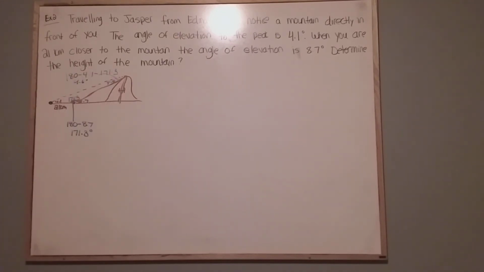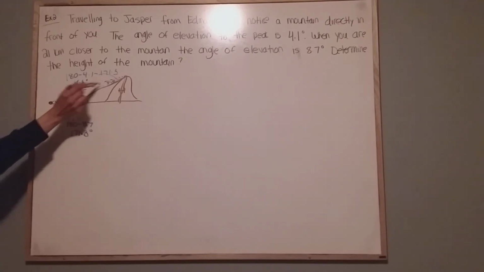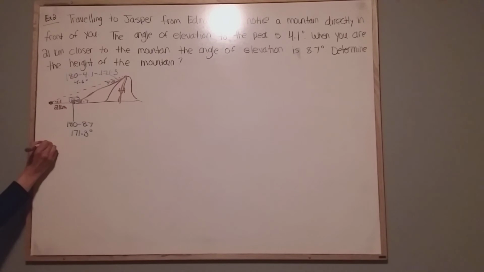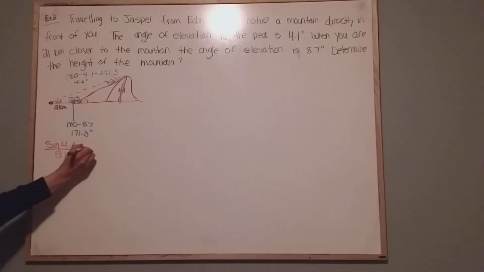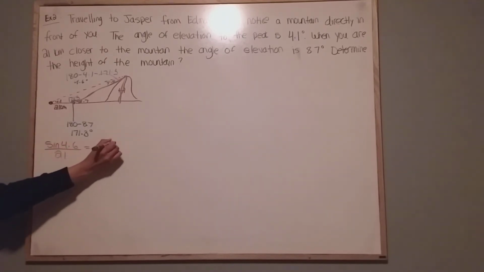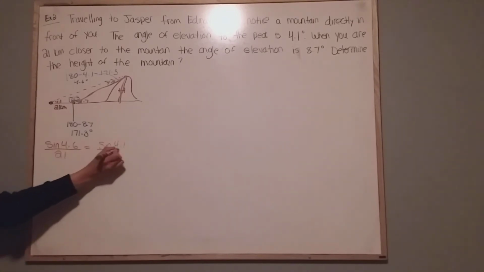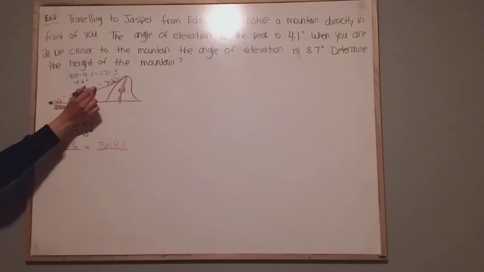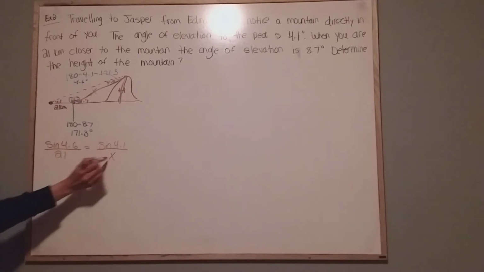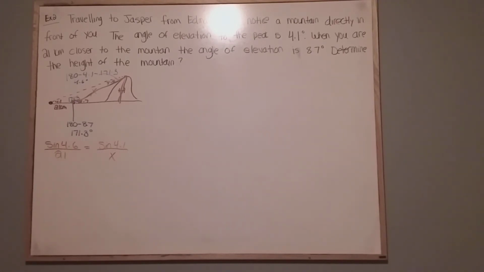So using my sine law, sine 4.6 over 21 kilometers is equal to sine 4.1 over x, which is my common side.